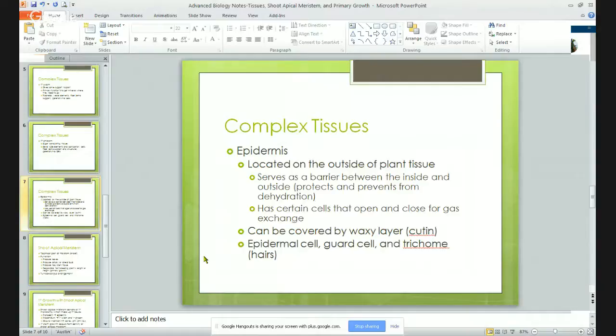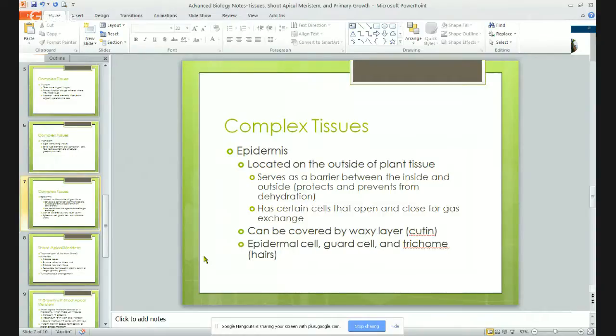You've got 2 different kinds. You've got non-glandular trichomes and you've got glandular trichomes. The ones on the left are the non-glandular, and the one on the right is the glandular. Their main difference is that the glandular are going to house some sort of chemical or oil or something of that nature that can be released.